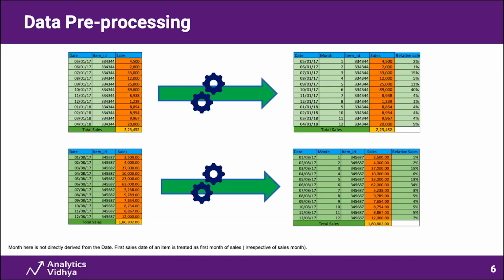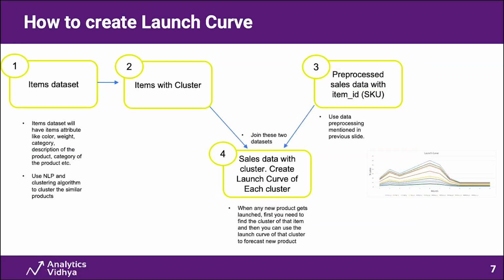So that's all about the data pre-processing side of this problem statement, and we'll talk more about it in the launch curve section. We have seen how the pre-processing works. Now the main task here is to create a launch curve. If we are able to create a launch curve that is a very good representative of what you had done in the past in terms of sales, then you are in a very good position to forecast a new product launch.